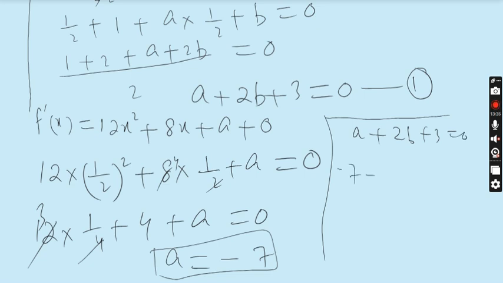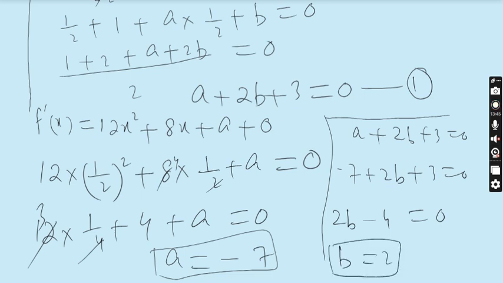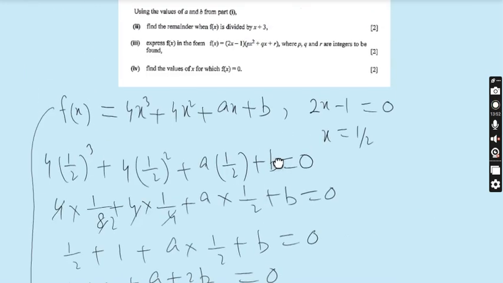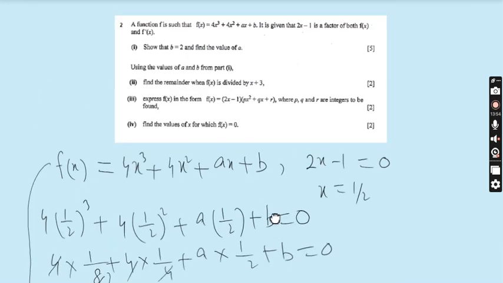A is negative 7, plus 2b plus 3 is equal to 0. 2b minus 4 is equal to 0, and b is equal to 2. So this is the requirement of the question: show that the value of b is 2. We have achieved the target. So b is 2 and the value of a is negative 7.